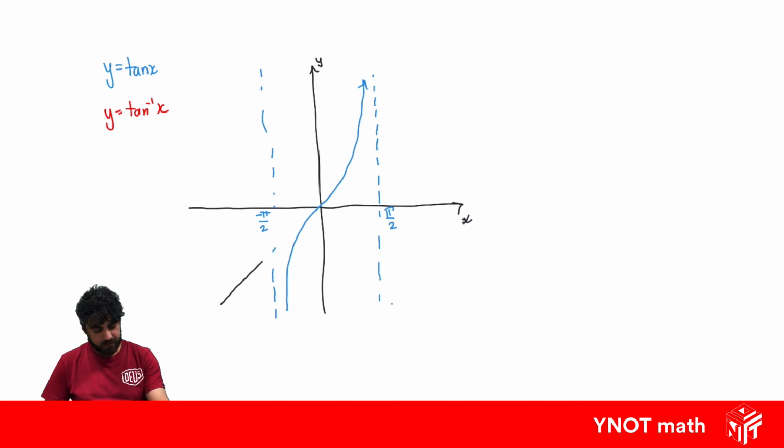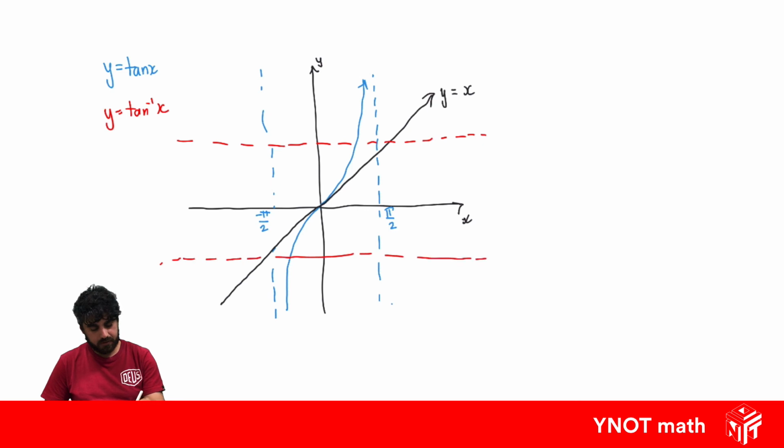So let's go ahead and sketch in y equals x. And doing this reflection, well, always with an inverse, any vertical lines become horizontal. So our asymptotes become horizontal. And then doing the reflection, we get something like this.